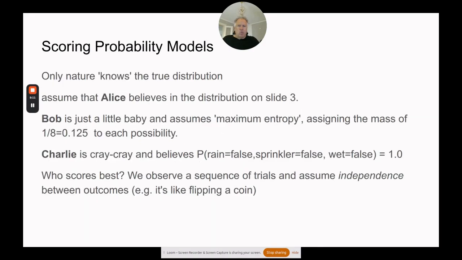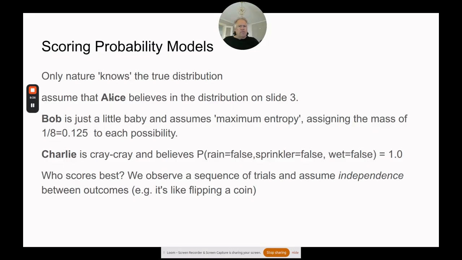Now we have Bob, and Bob's just a little baby. So Bob makes what's called a maximum entropy assumption. Bob's model of the distribution is that everything's equally likely. All the different combinations are basically 0.125 probability. So that's Bob.